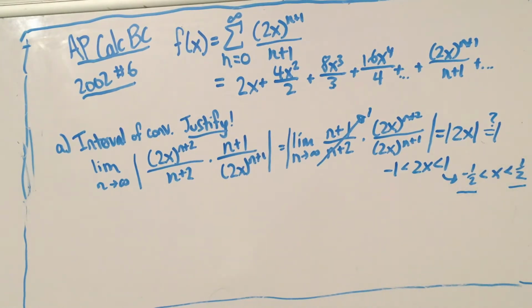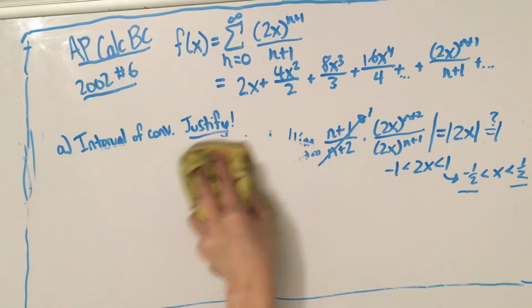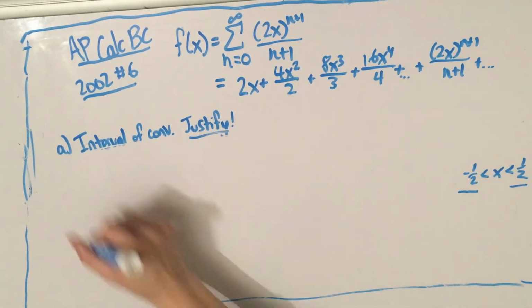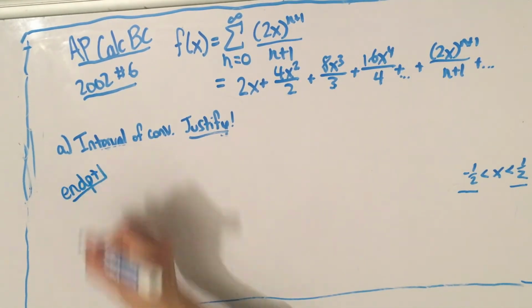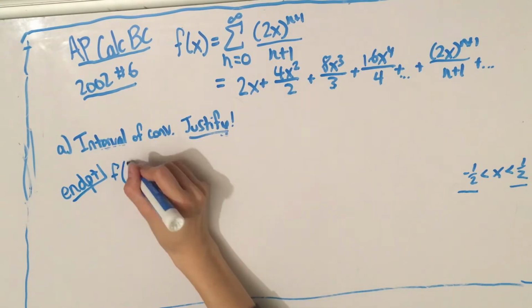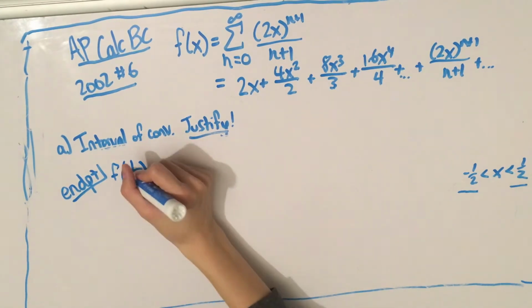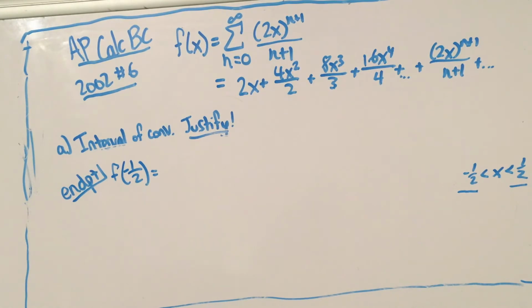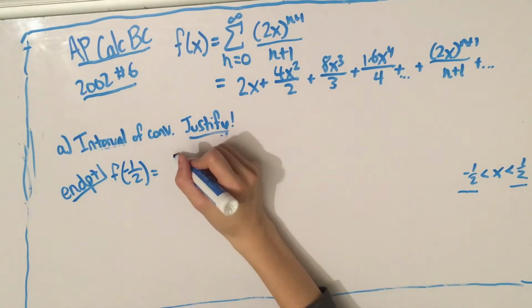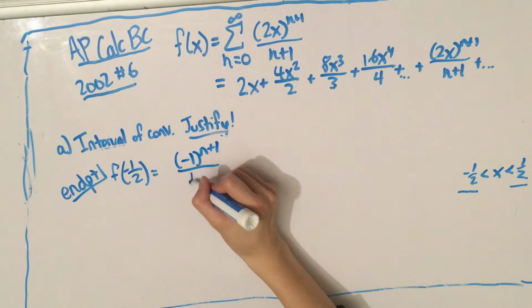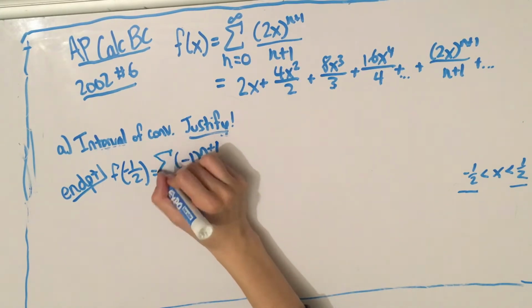Time to pick up the slack. Plugging in negative 1/2 will turn that 2x to the power of n plus 1 term into a negative 1 to the power of n plus 1, which makes this an alternating series.